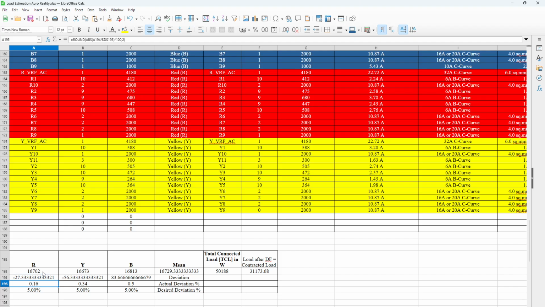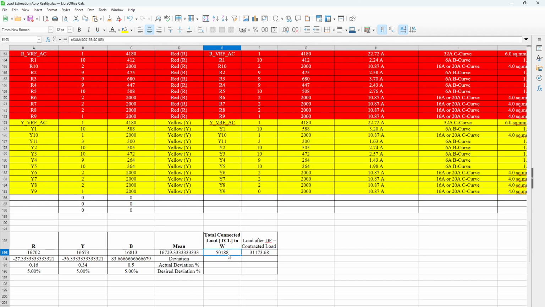That means 0.16%, 0.34%, 0.5%. But what does the government of India electrical department say about these deviations? 5% is permissible. This is not even 1%, hardly 0.5%. That is a master stroke of our engineering.